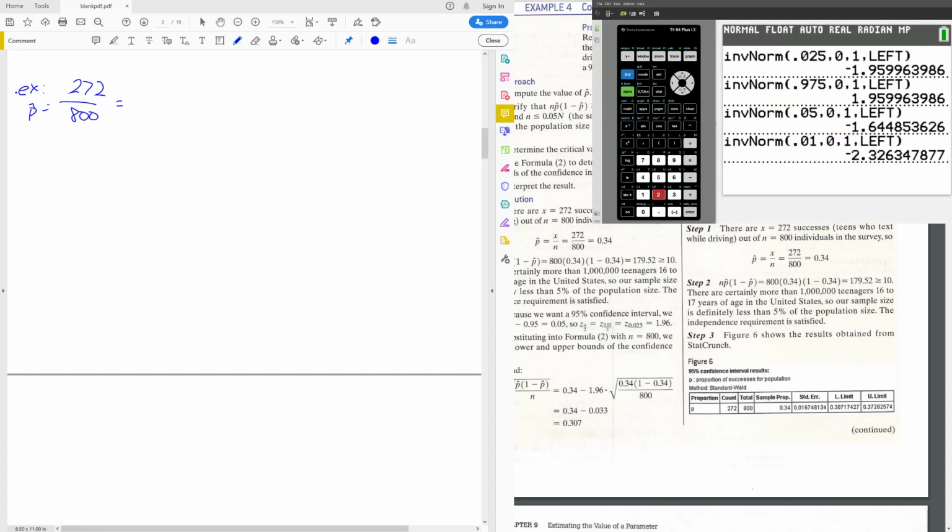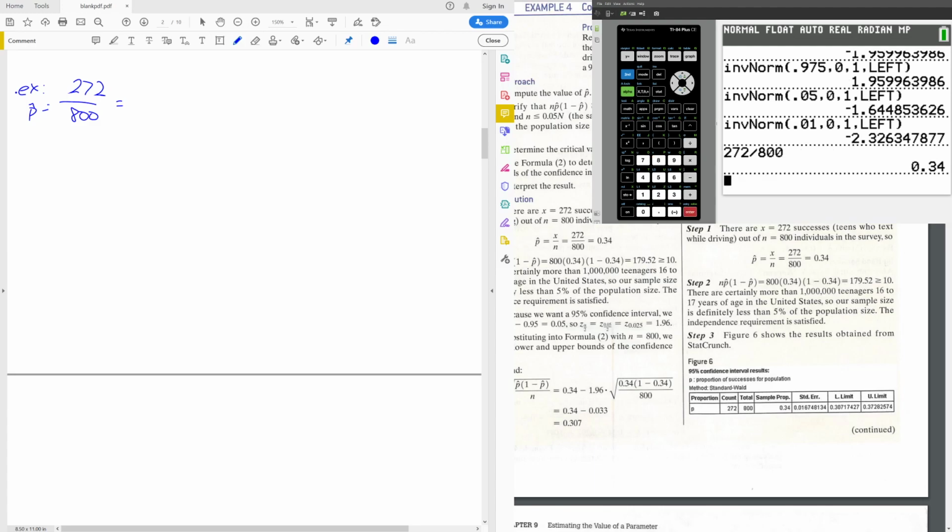So what is 272 divided by 800? 0.34. Or 34%, right? Okay, so 34% say they text and drive. We don't know if that's the actual, right? That's just our point estimate. We're now going to create this confidence interval.